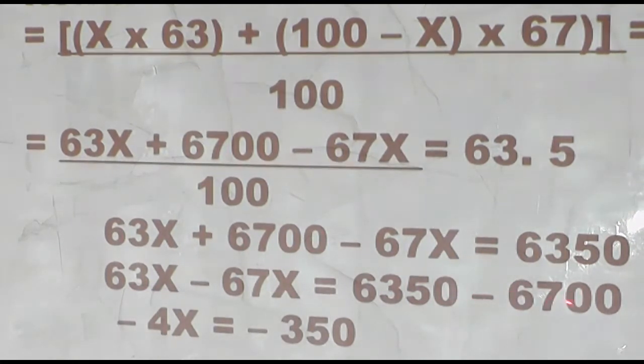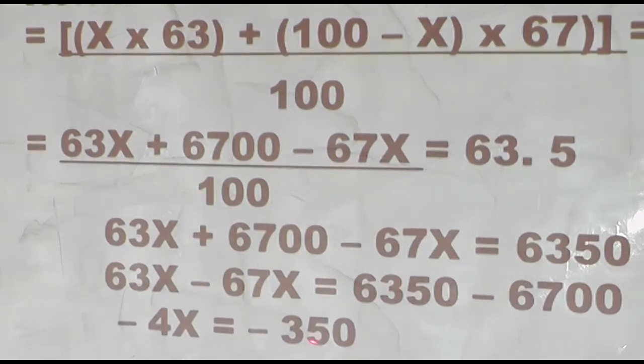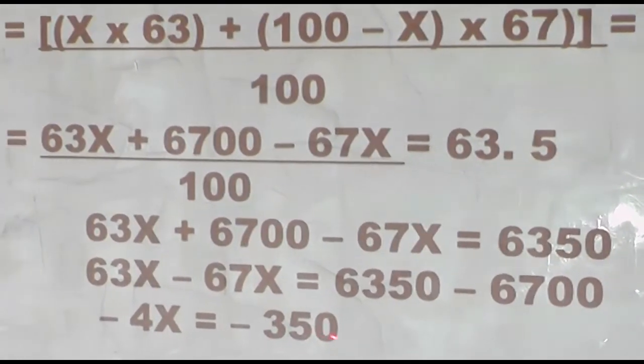Of course, we have 63x minus 67x is equal to 6,350 minus 6,700. 63x minus 67x will give us minus 4x, equal to 6,350 minus 6,700, which gives us minus 350.